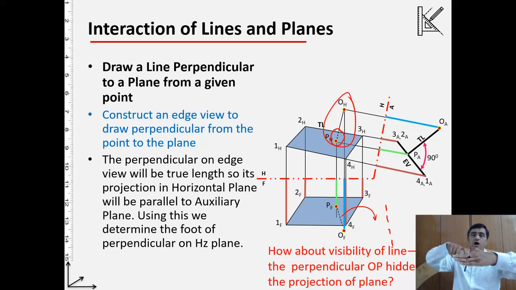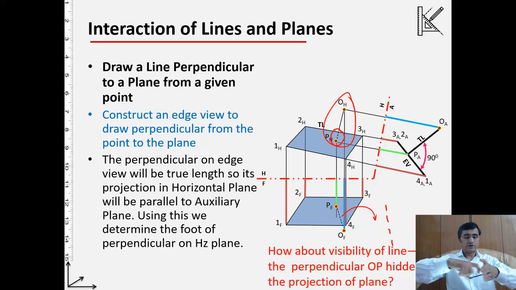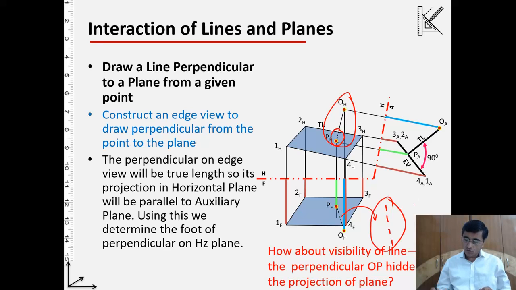The part of the line which is here is being seen on the horizontal, while a bit of it is also hidden by the projection of the plane. So we can determine which part of the line should be shown as dashed line and which part as solid line, depending upon the visibility of the line on the respective projection planes.